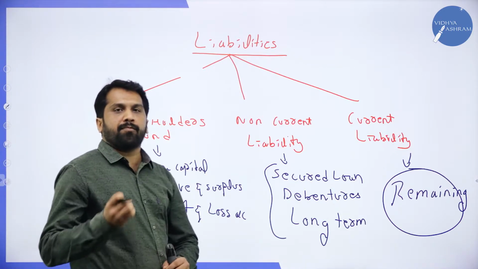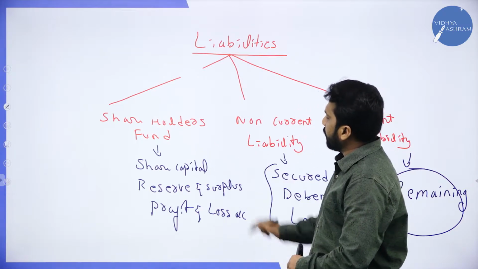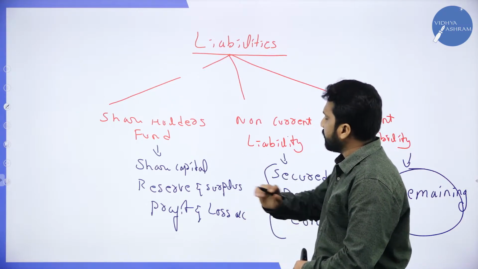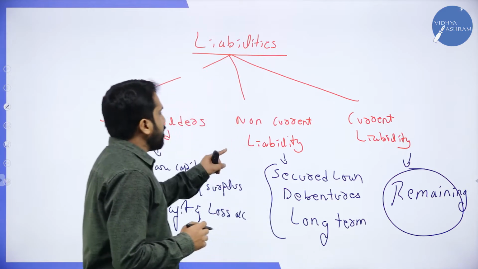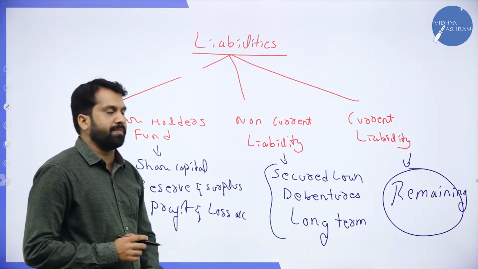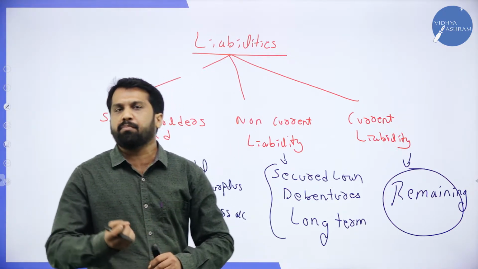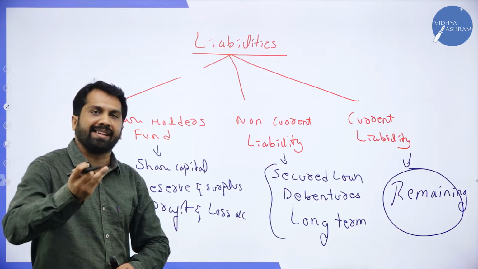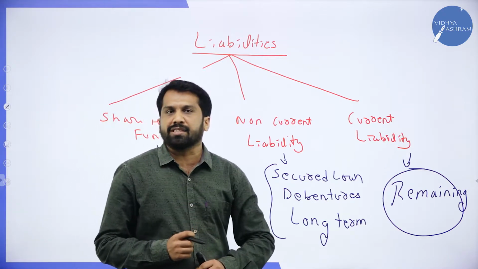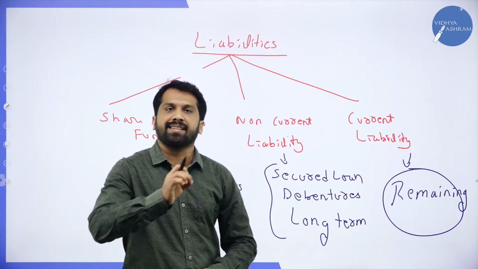While doing problem, we have to follow this. Remember, under shareholders fund, share capital, reserve and surplus, P&L. Under non-current liability, secured loan, debenture, long term. Under current liability, remaining things. It may be bills payable, your creditors, any provisions, any outstandings, everything comes under your current liability.